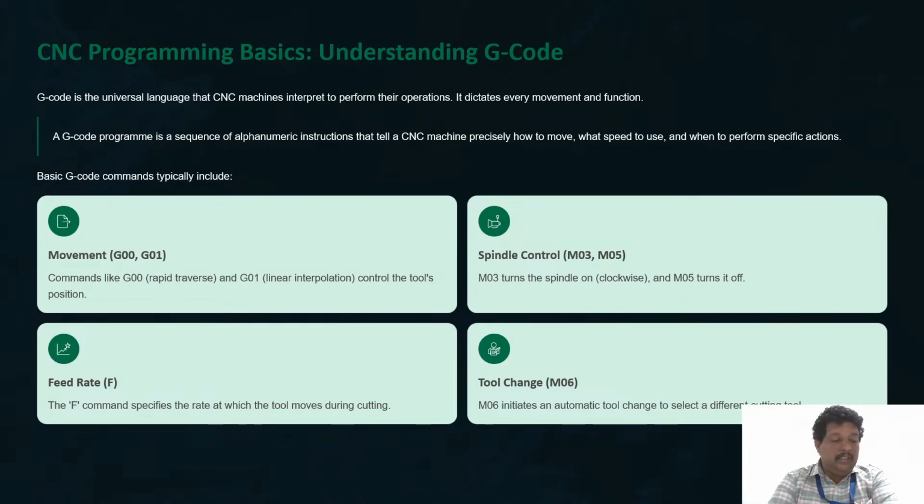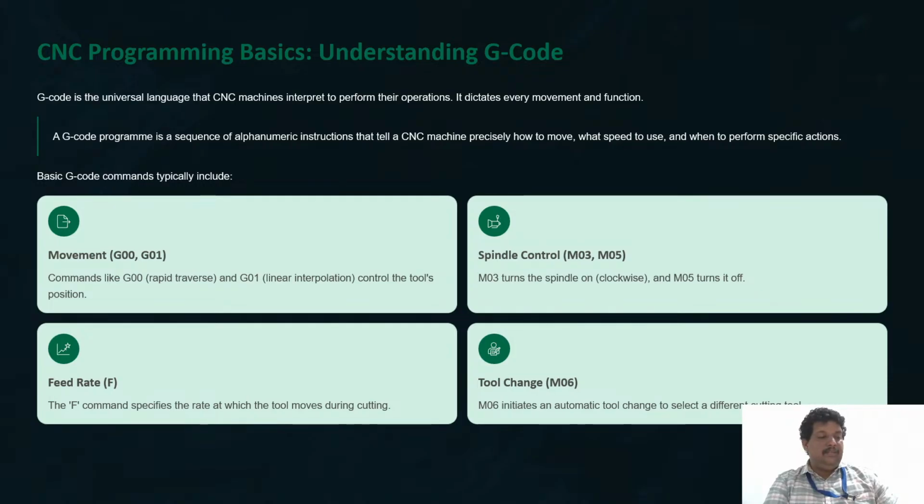We have spindle control, M03, M05, or we have M6, which is the main thing. M6 is a tool change. If the machine has an automatic tool changer, we use the code M6. So we have multiple codes like that.